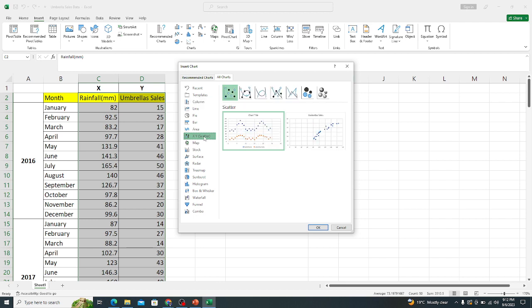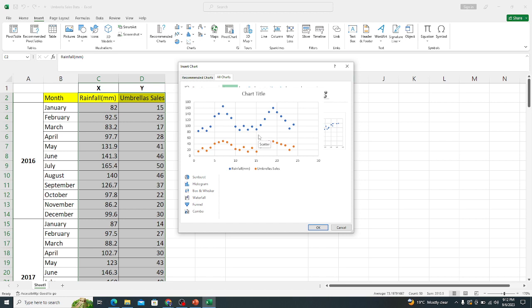Once you click the XY scatter plot, you can see we have the first one. If you remember, it is trying to show us the trend, but we don't want the trend.